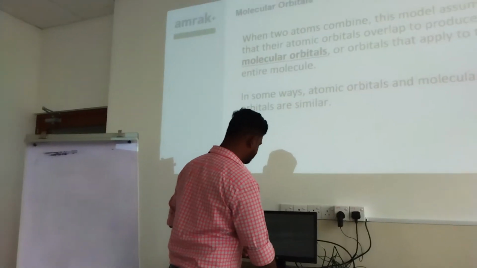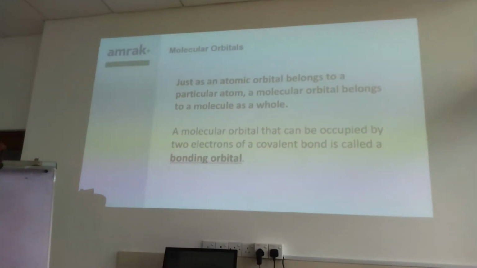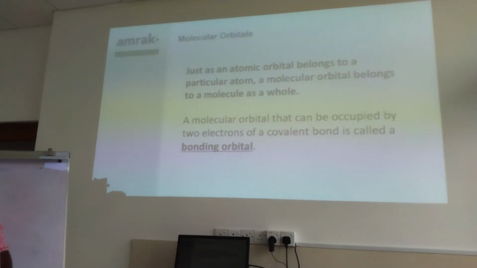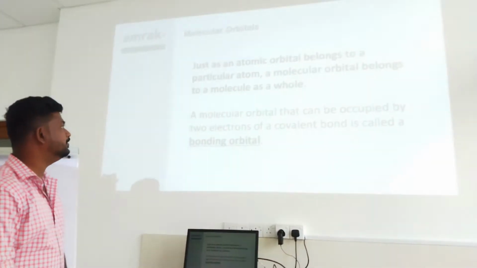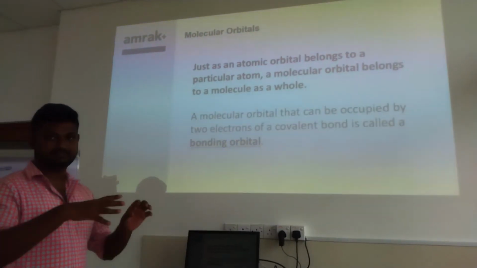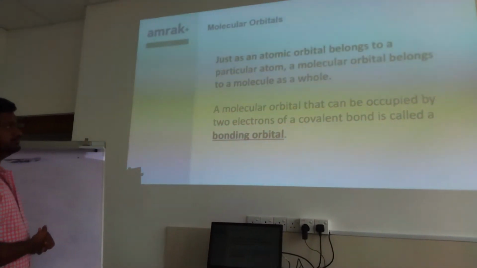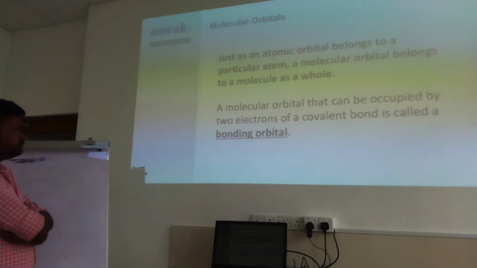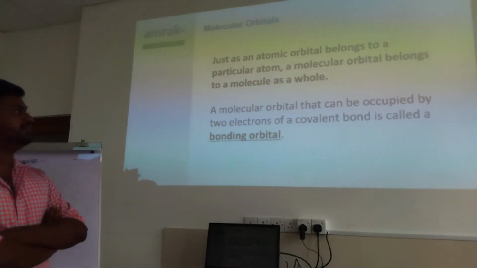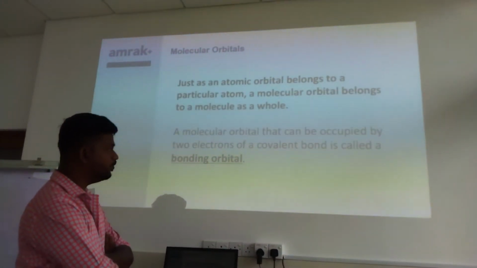Okay, just as an atomic orbital belongs to a particular atom, a molecular orbital belongs to a molecule as a whole. Like if you take CO2, you consider the molecular orbitals. A molecular orbital that can be occupied by two electrons of a covalent bond is called a bonding orbital, right?